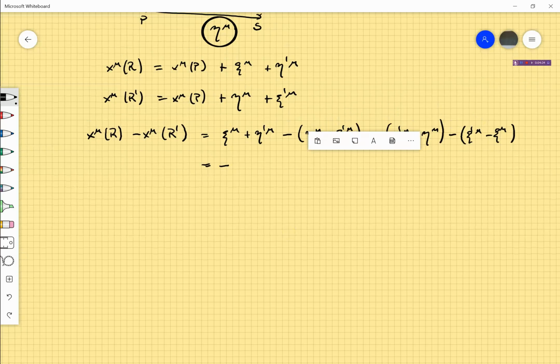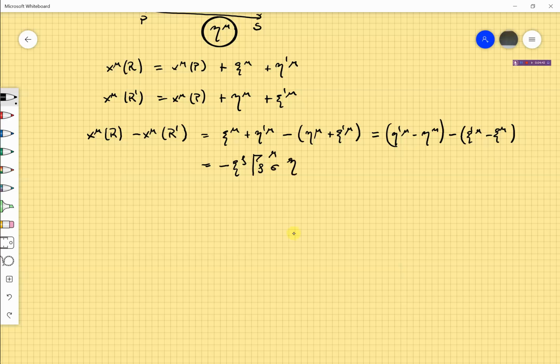So it will be psi rho gamma rho mu sigma eta sigma. And here you have the same sign. Now the vector of the displacement is eta rho gamma rho sigma mu psi sigma.